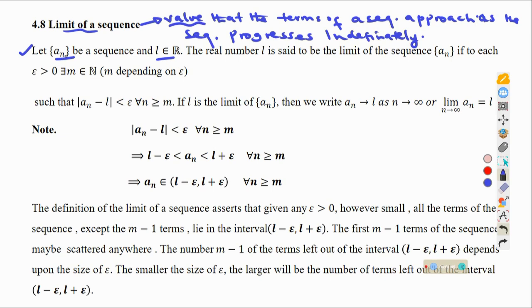Now we are saying an is our sequence, L is any number picked from the set of real numbers.